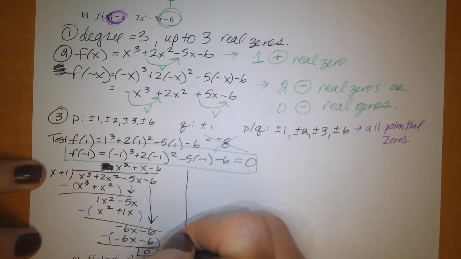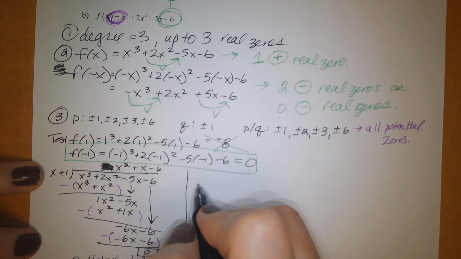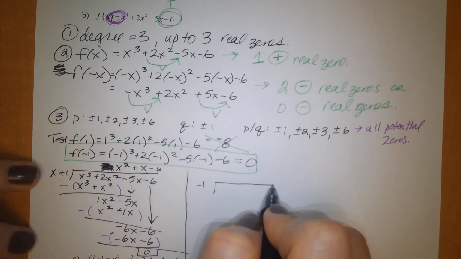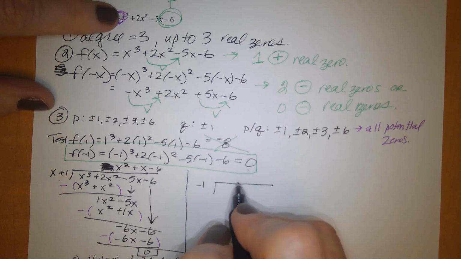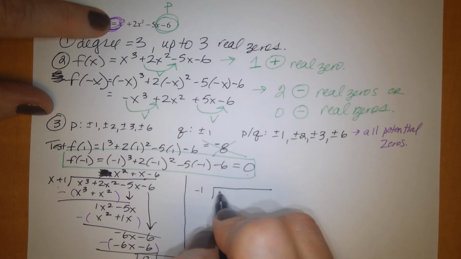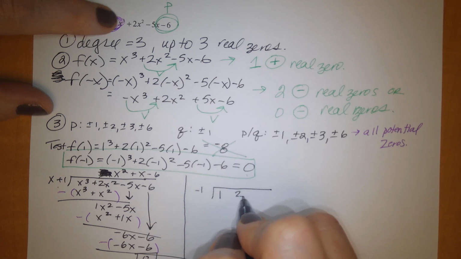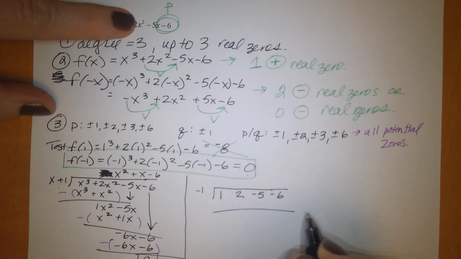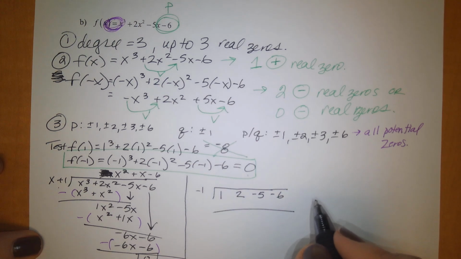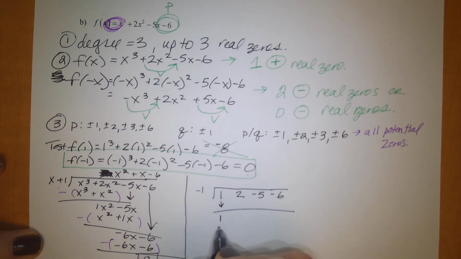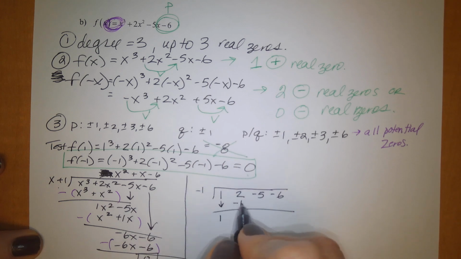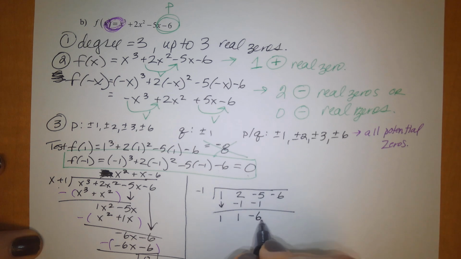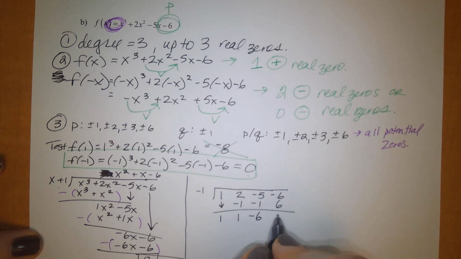If I do synthetic division right here, I take the actual 0, in this case negative 1, and divide it into just the coefficients. So it's going to be 1, 2, negative 5, negative 6. And when I do synthetic division, I bring the first one down, I multiply and add, multiply and add, multiply and add.